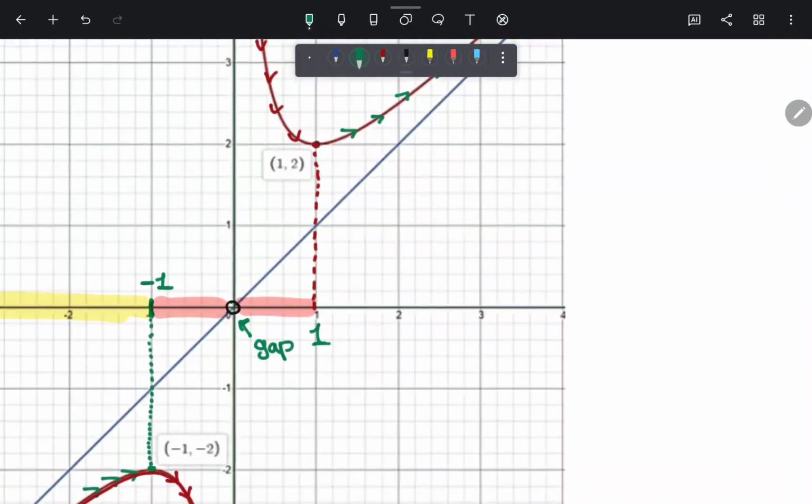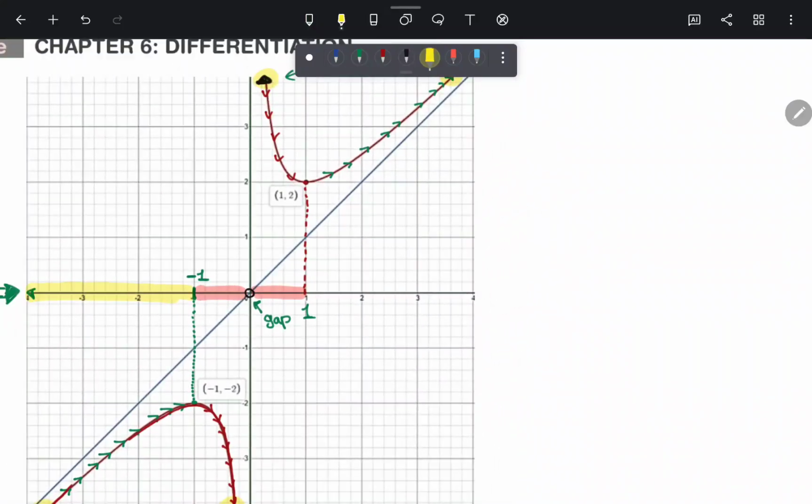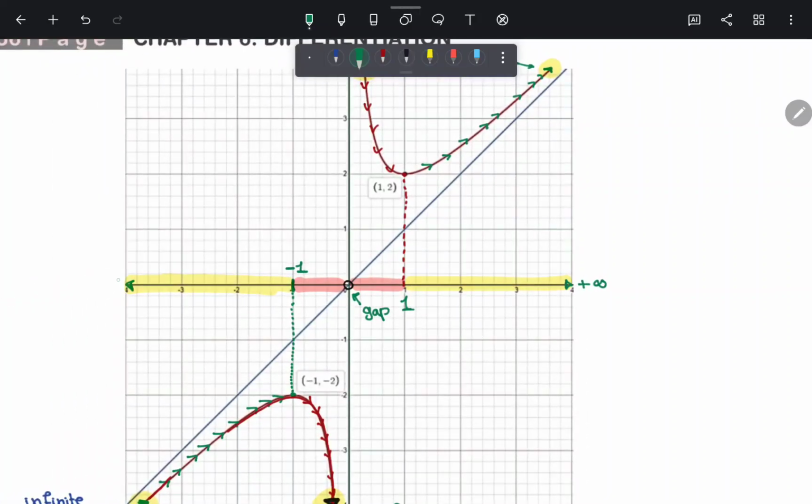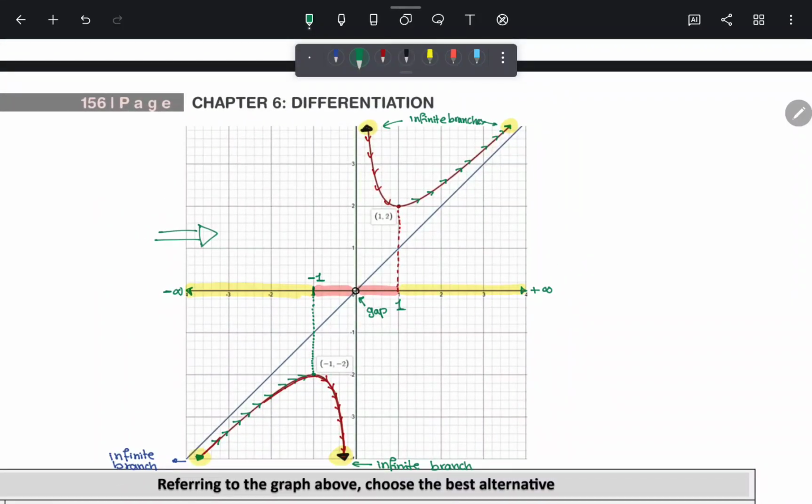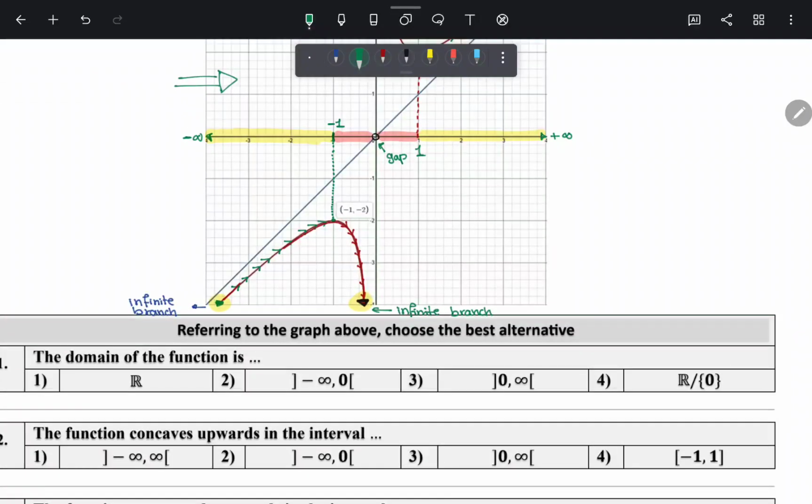I'm going to highlight this with yellow, because this is a place where the function increases. And here I know that this goes to positive infinity. I know that this starts from negative infinity. And again, I'm looking at the function from left to right. Now, what do they want from me? They want the domain.